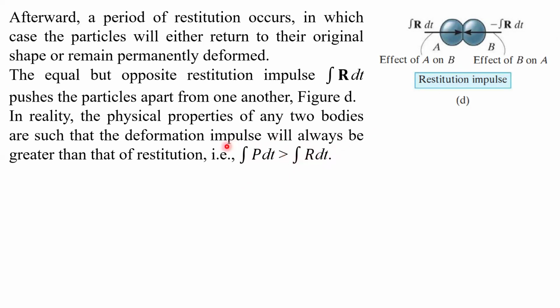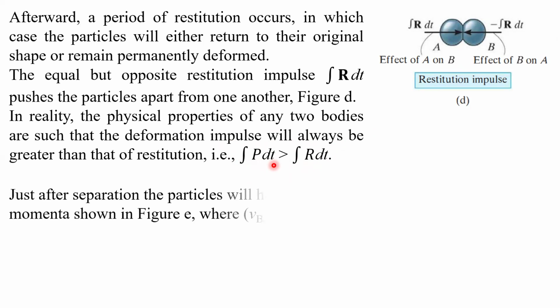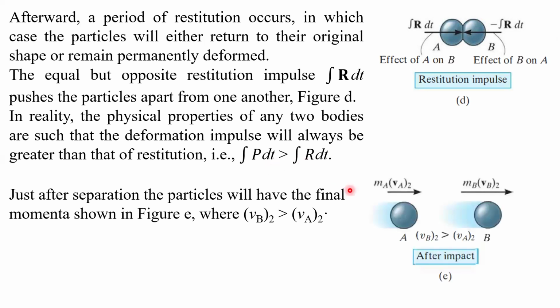If the restitution impulse were greater than the deformation impulse, it would not be possible, because when there is impact, there will be noise and heat, and all those things are lost energy that can never be recovered. Just after separation, the particles will have the final momenta shown in figure E, where vB2 is greater than vA2.